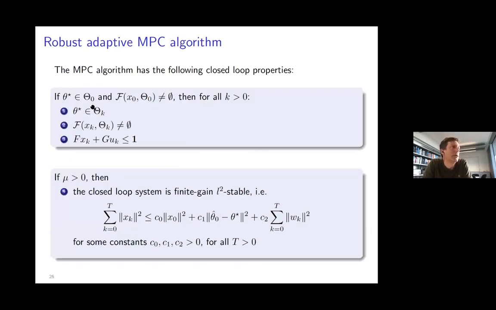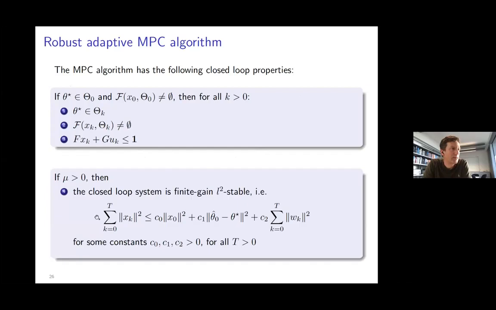First of all, it has the property that the parameter set estimate will always contain the true parameters. And secondly, the MPC scheme is recursively feasible. So if it's initially feasible, it will remain feasible for all time. And then thirdly, the constraints will be satisfied robustly by the closed-loop system.